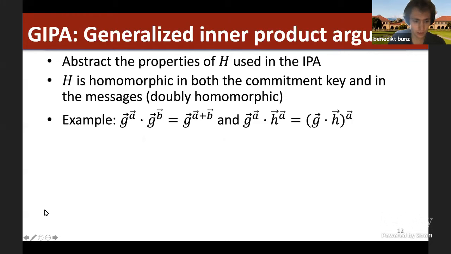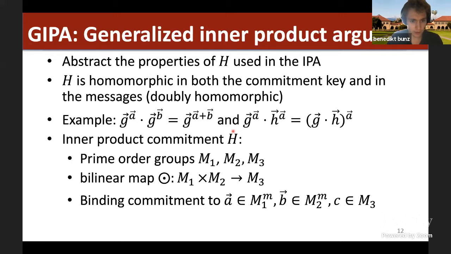So the first equation here is that it's linear in the message space, and it's also linear in the commitment key space. And it turns out that we can use a similar protocol for other doubly homomorphic commitments. In particular, we call these inner product commitments.